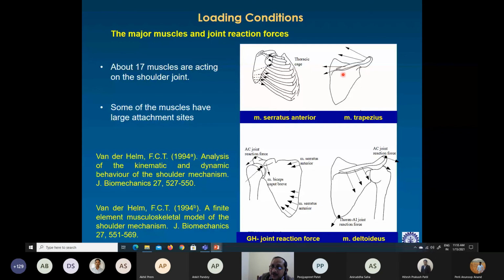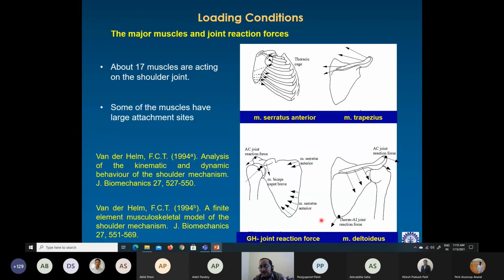Similarly, you can see the pulling action of the muscle trapezius on the scapular spine. Each muscle line of force represents a somewhat different direction, distributed over the superior side of the scapular spine.